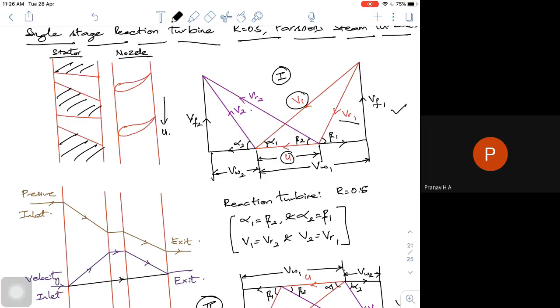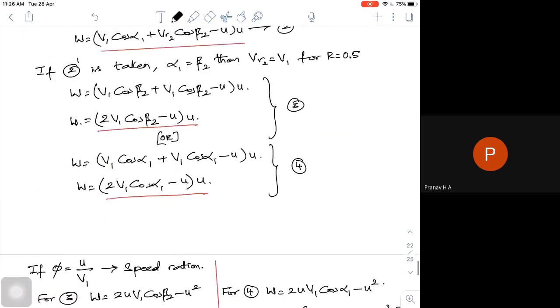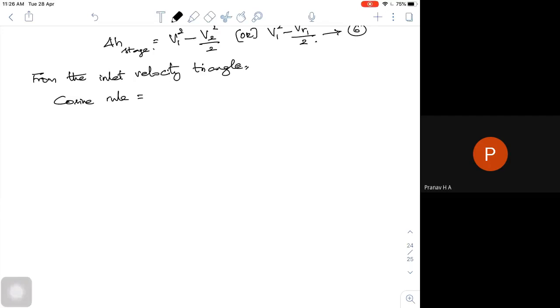From my cosine rule I can write VR1 square is equal to V1 square plus U square, since U is common, otherwise I would have written U1 square, minus 2 V1 U cos alpha 1.